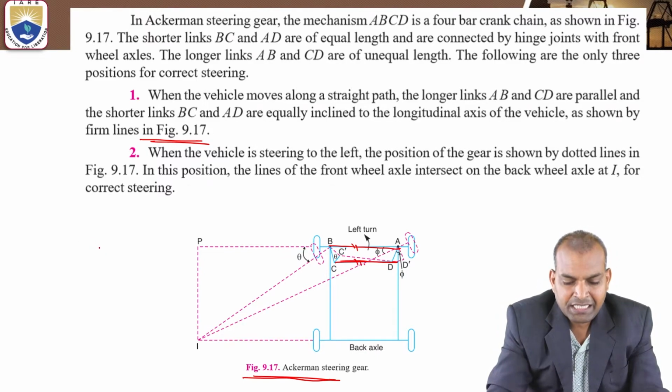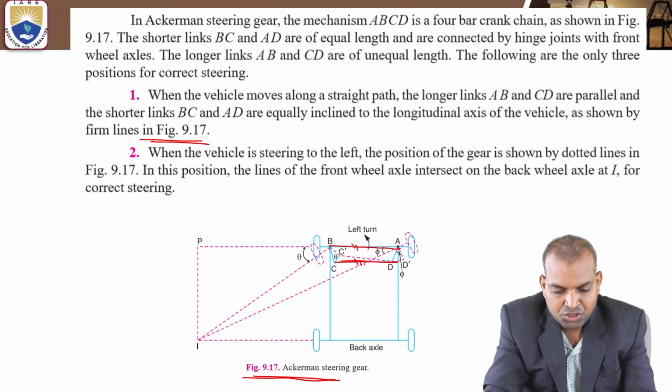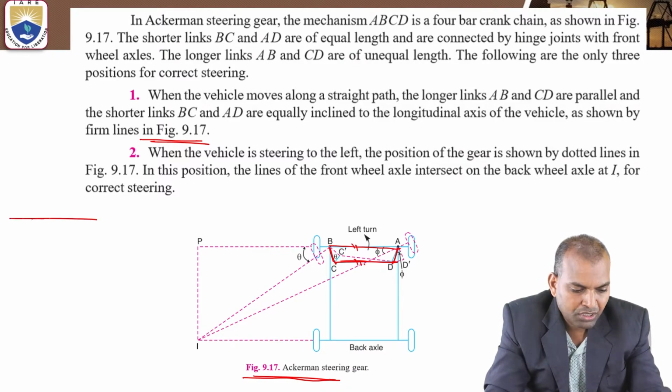And what are the shorter links? The shorter links are BC and AD.